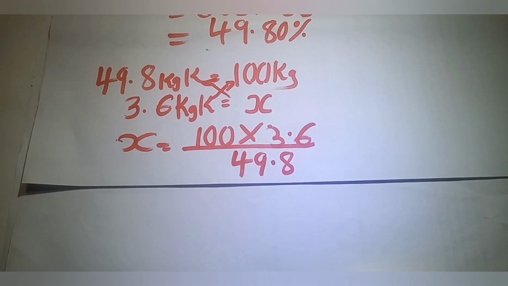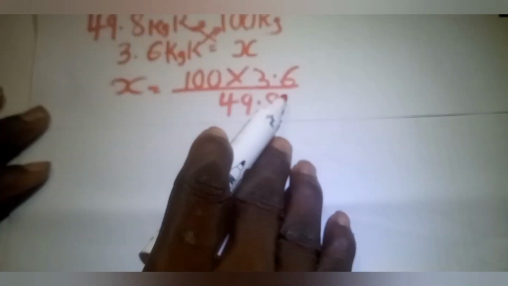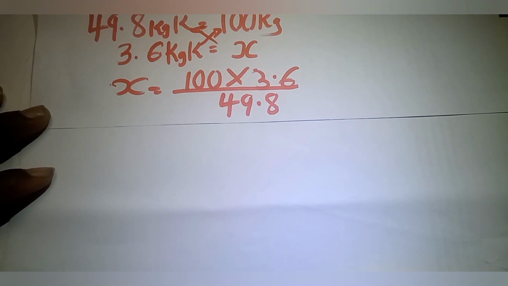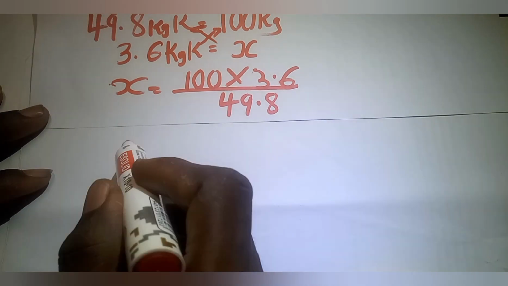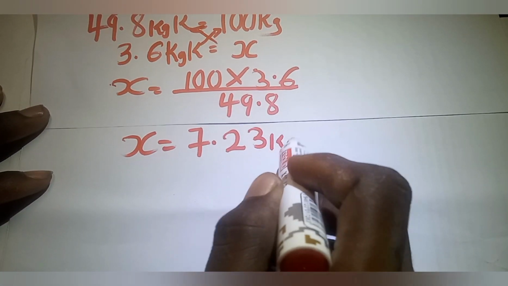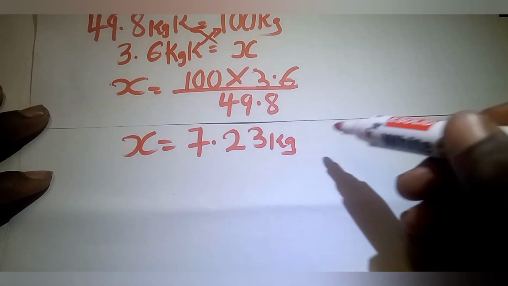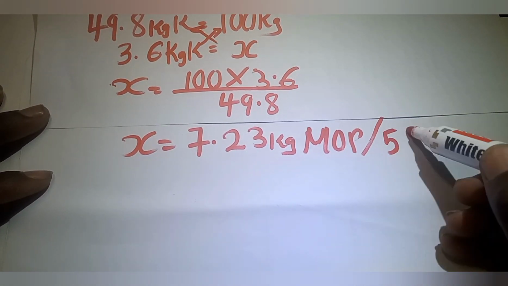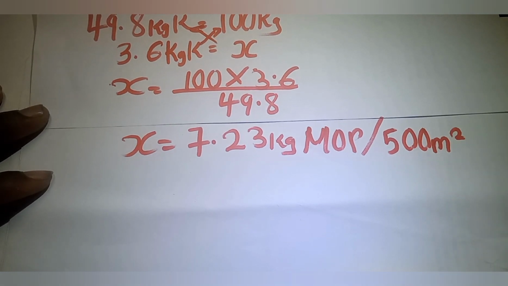So if you punch your calculator, 100 multiplied by 3.6 will give me 360. So I'm going to be having 360 divided by 49.8. So that is 7.23. My X is equal to 7.23 kilogram of MOP will be used per what? 500 meters square. That's the area that I was given.